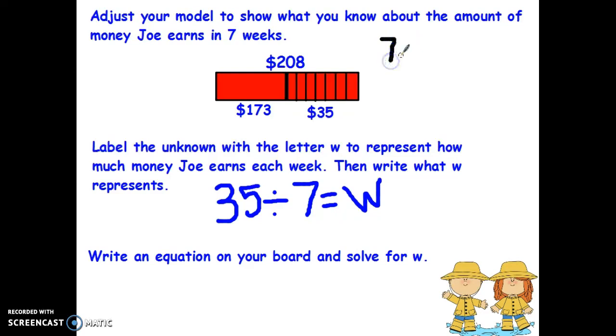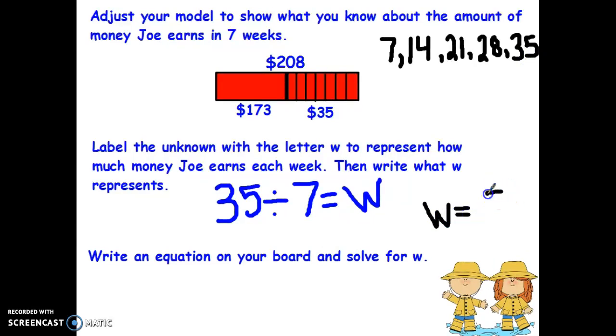So I'm going to count by sevens so I get to 35. 7, 14, 21, 28, 35. I counted by 7 5 times. W equals 5.